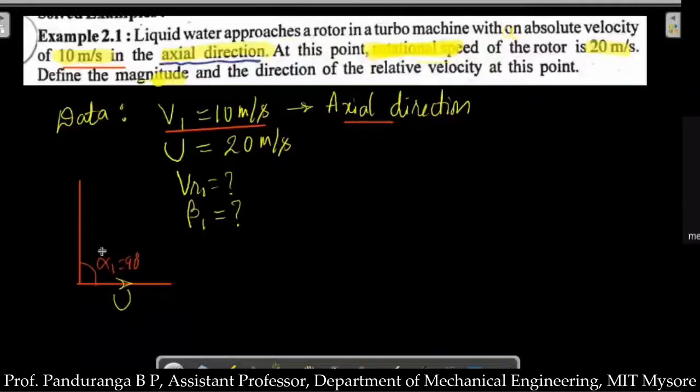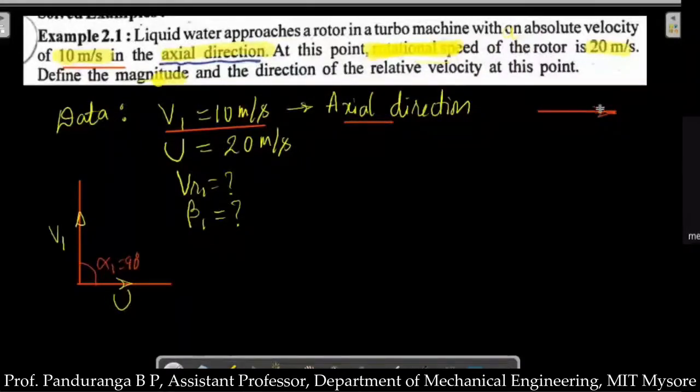Now, if you join the two free ends of V1 and U, you will get VR1. So for a vector, I'll write a vector here with an arrow mark.